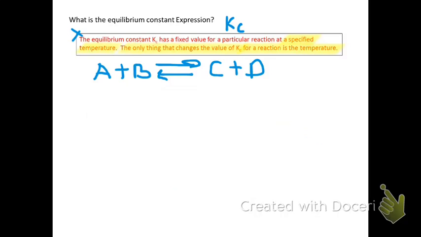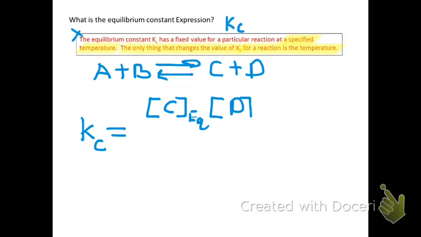To write the equilibrium expression, to solve for the value of Kc, to get that constant, what we are going to do is take the products' concentrations, C, and I'm going to put EQ to remind us that these are equilibrium concentrations, and the concentration of D, EQ, for equilibrium concentrations.